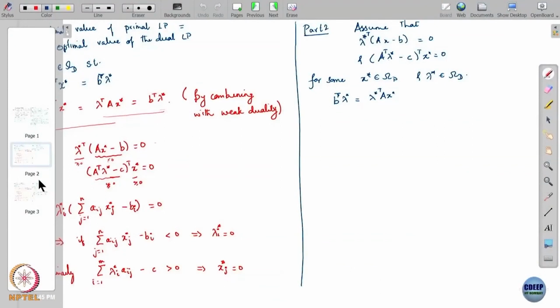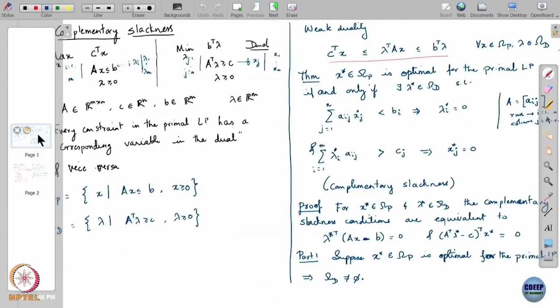So, this completes the proof, and what have we learned from this? We have learned that as far as optimality of linear programs is concerned, it essentially comes down to the following. Okay, so what does this theorem teach us?